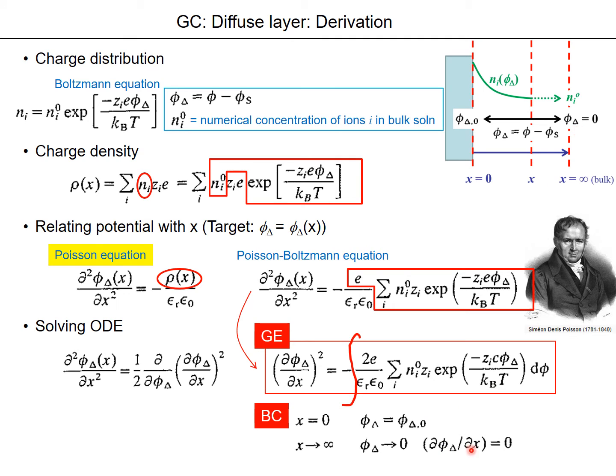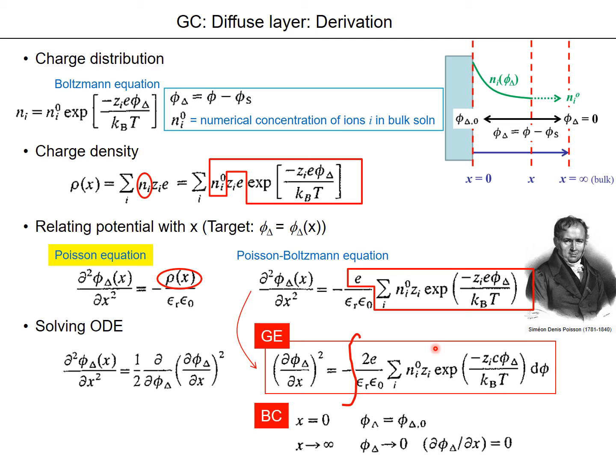Or the first derivative of phi delta goes to 0 because the potential is saturated or converged to the phi delta here.